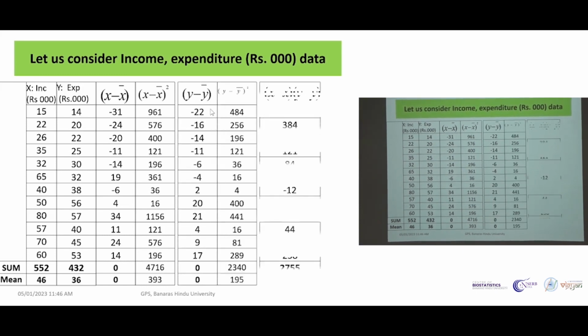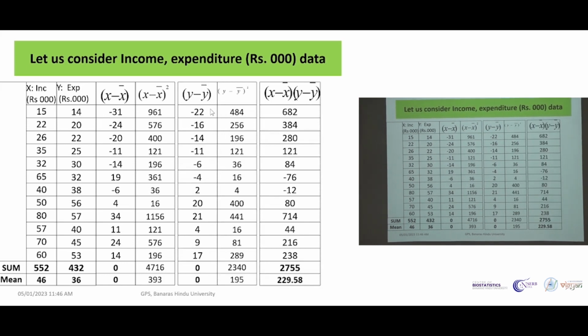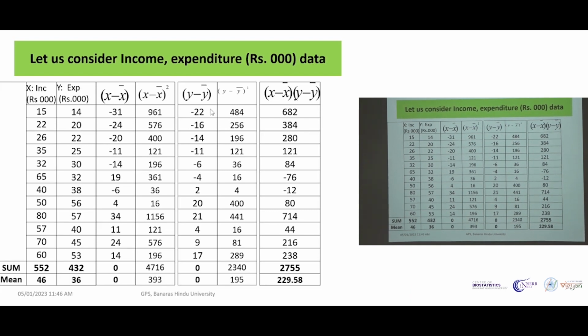Similarly for Y, and in this way we can calculate so many things. We can calculate covariance by the help of which column? Last column. The mean of this column is covariance.